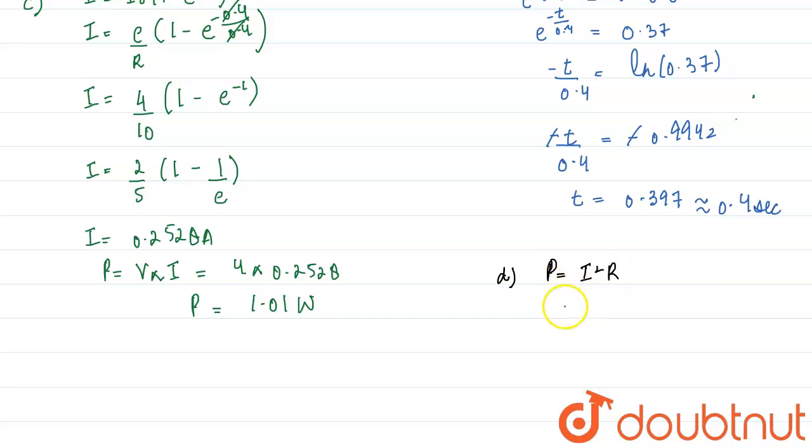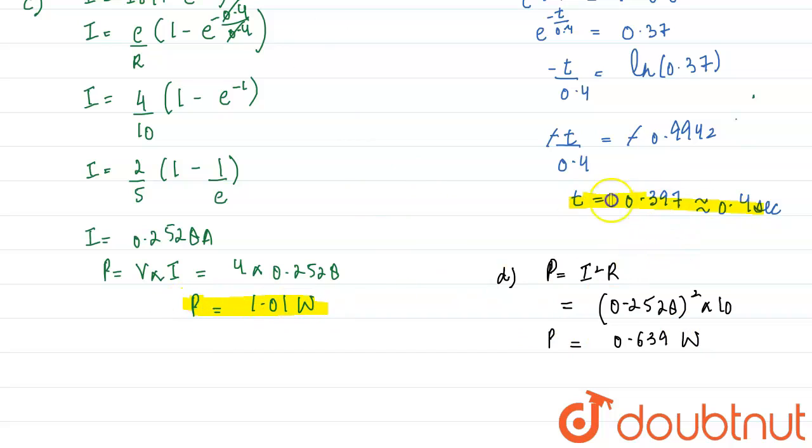That's why we write P is equal to I square R. I square is 0.2528 square, into R, which is 10. Calculating this, we get 0.639 watts. This is the power. So we calculated all four parts. This is the third part, this being the second part, and this is the fourth part.